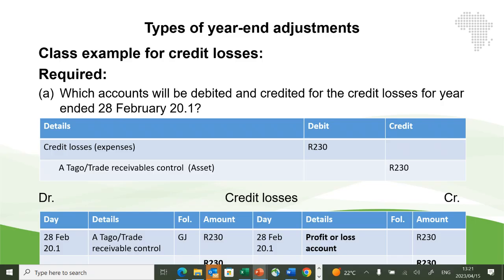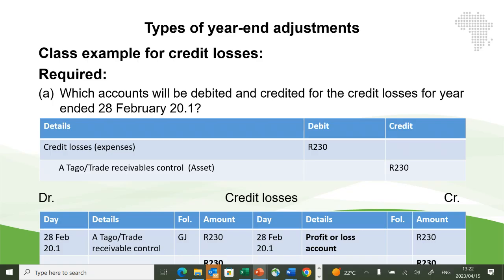Losses and expenses behave the same. They increase on which side? On the debit side, and they reduce on the credit side. So we need to debit the credit losses, remembering that expenses increase on the debit side.